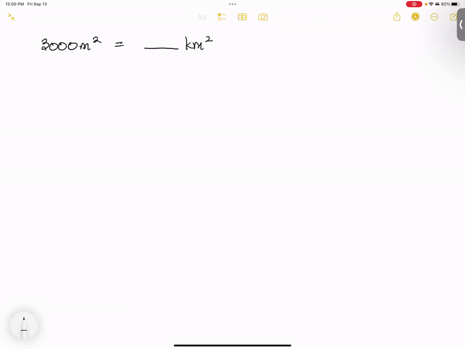If I look at a table and I try to find meters and kilometers, the only thing I'm going to find is 1 times 10 to the third meters is equal to 1 kilometer. That's all I'm going to find. I'm not going to find anything that says anything about squared.